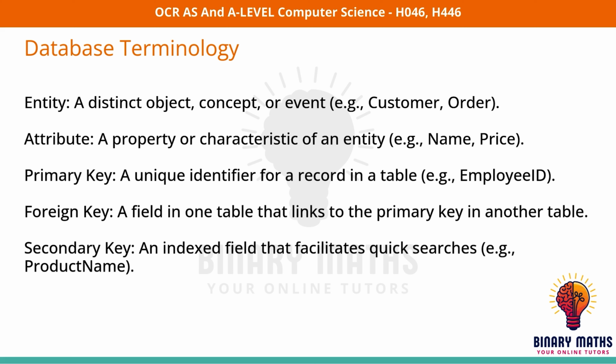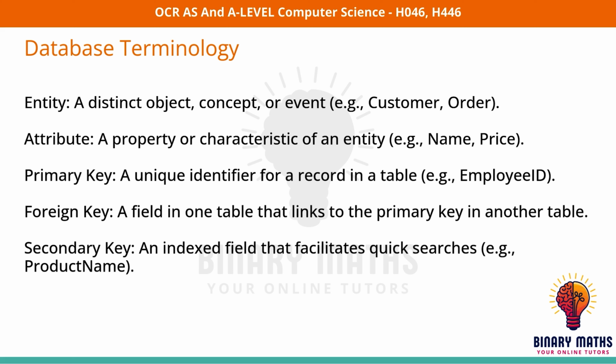For example, in a school database, the entities might be students, courses, and teachers. Next, we have attributes. Attributes are the properties or characteristics of an entity. For example, a student entity might have attributes like name, age, and grade.